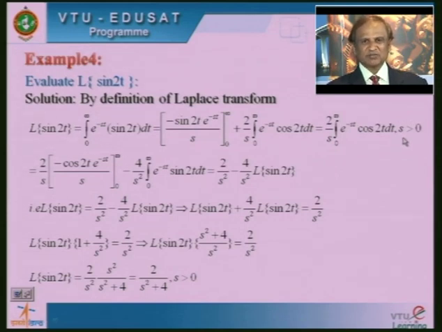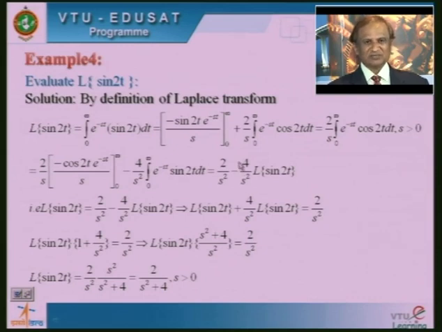Here you should remember that s is greater than 0. Now I want to substitute the limits 0 to infinity. So minus cos 2t e to the power minus s t by s with the limits 0 to infinity, minus 4 by s square integral from 0 to infinity of e to the power minus s t into sine 2t.